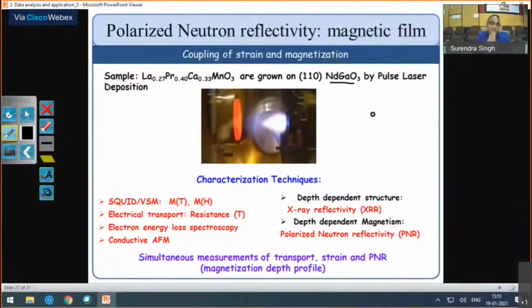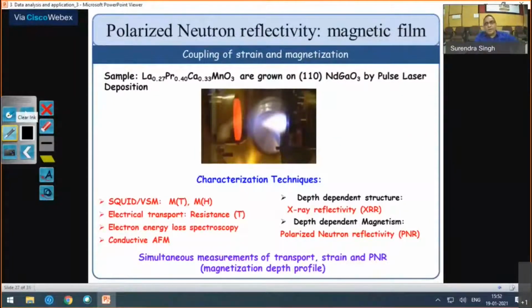This is one of the techniques where you get very good stoichiometry. During deposition, the stoichiometry of your target material remains the same, so it is possible to grow such stoichiometric thin films by pulsed laser deposition.